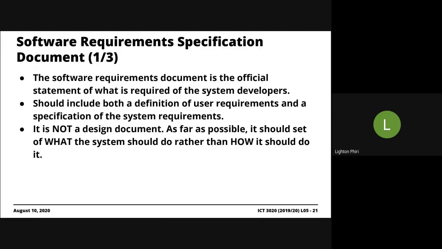Just to mention here that it's not necessarily the design document per se, but it does include certain aspects of design. You have certain design artifacts that will feed into that document. For instance, the DFD level 0, the context diagram, is a design artifact, but you typically find it in an SRS document.